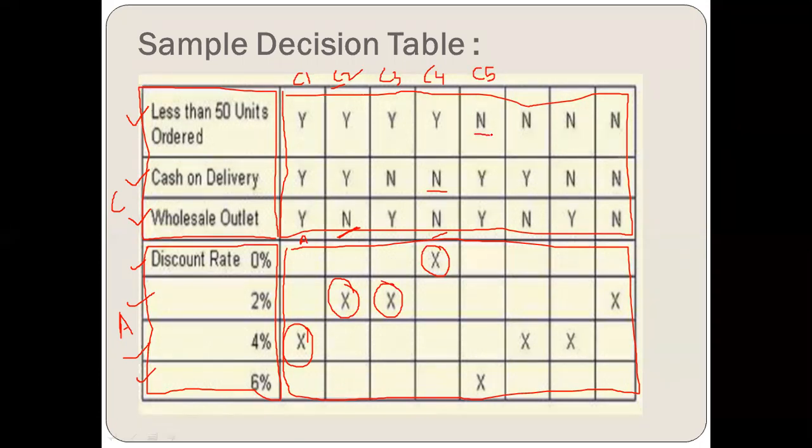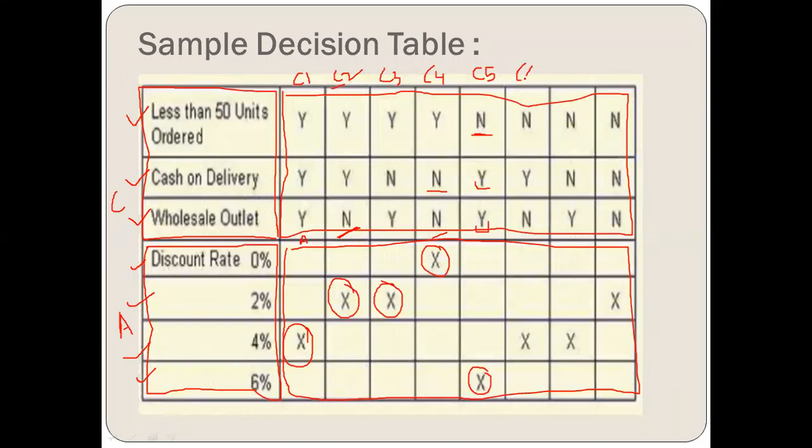That means it is more than 50 units. So this is no. Cash on delivery, yes. Wholesale outlet, yes. Then it is getting the maximum discount, 6%. That means if the order is placed more than 50 units and cash on delivery is done and wholesale outlet is chosen, then the maximum discount of 6% will be given.